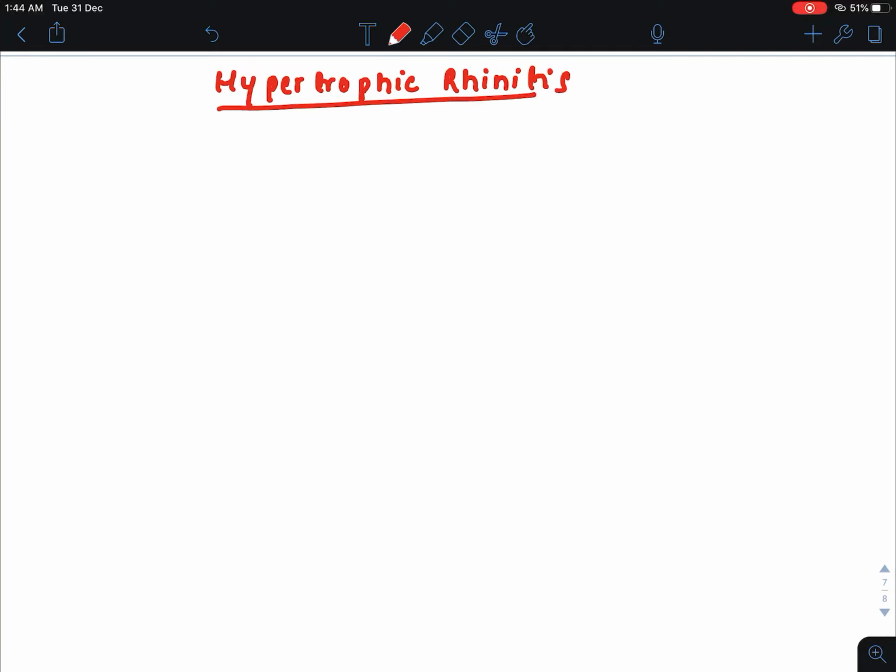It occurs due to chronic simple rhinitis, which gets converted to hypertrophic rhinitis.